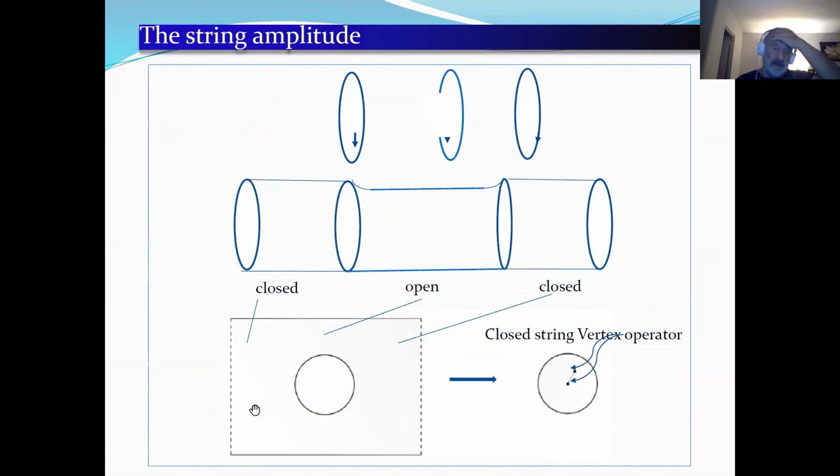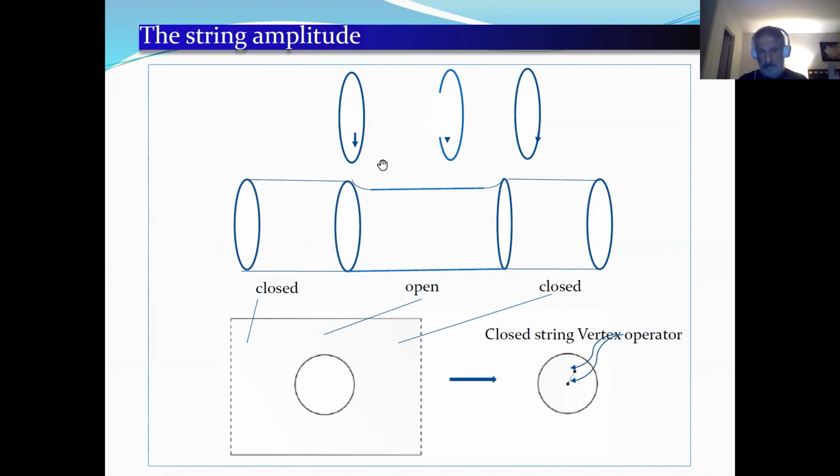Here, these are the segments which are closed, this and this, and here it's open, this part. So if I describe this as a string amplitude, it will be the disk which describes this open sector and two closed string vertex operators.